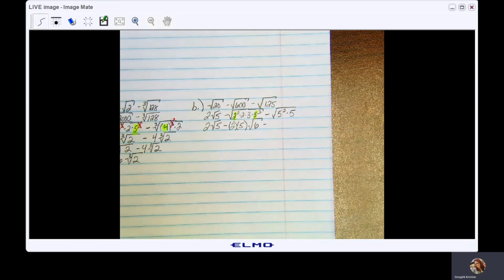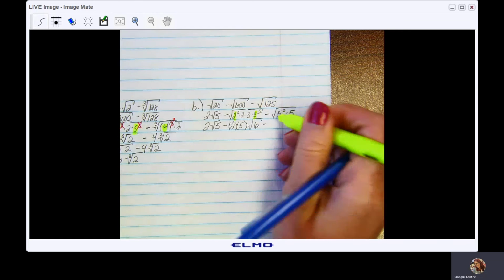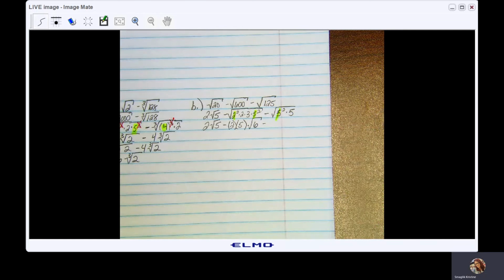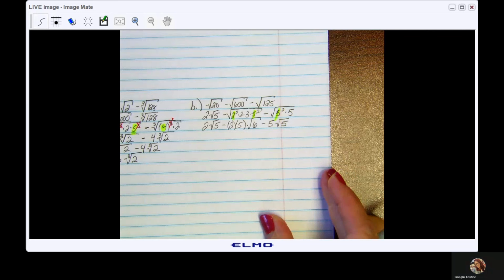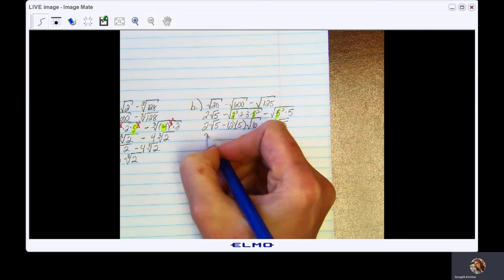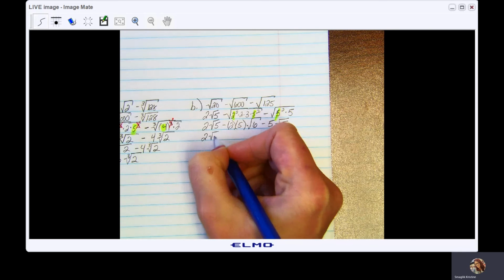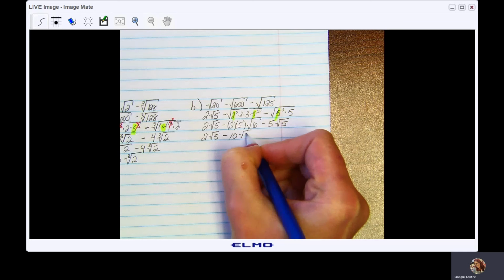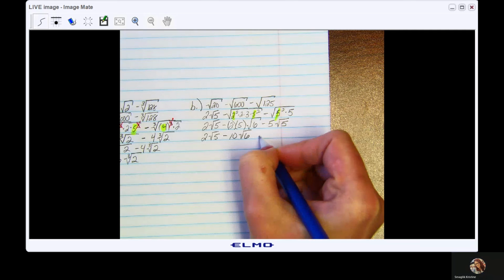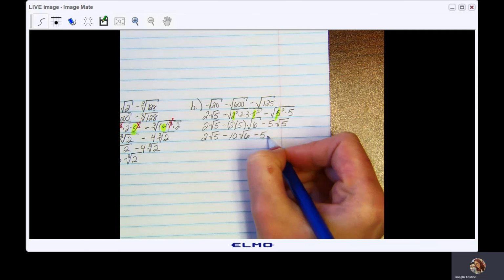Minus, now here again, this base of 5 can come out: 5 times the square root of 5. And now let's clean this up. 2 times the square root of 5 minus 10 times the square root of 6 minus 5 times the square root of 5.